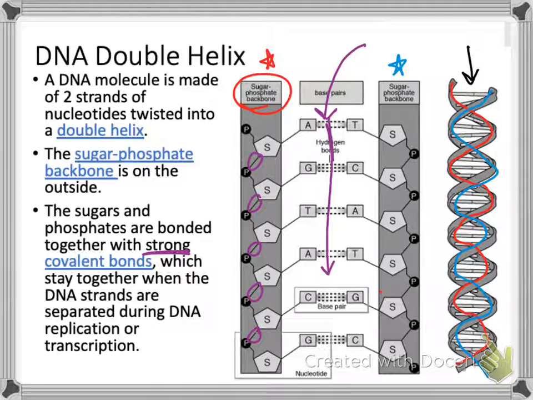So as the DNA molecule unzips, the sides stay together. We don't want the DNA molecule falling apart when we pull it apart down the middle, because if we lose the connections between our nucleotides, we lose our code. The A, T, C's, and G's, in order, that code that determines proteins, it's all gone. So we need these strong outer rails to be held together.